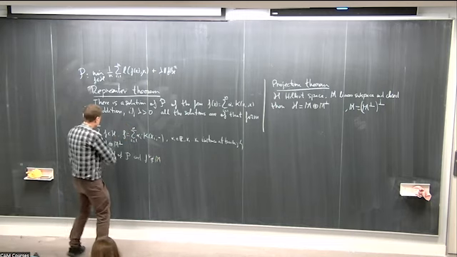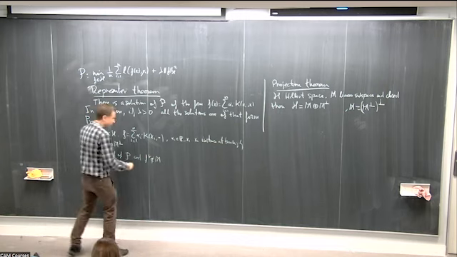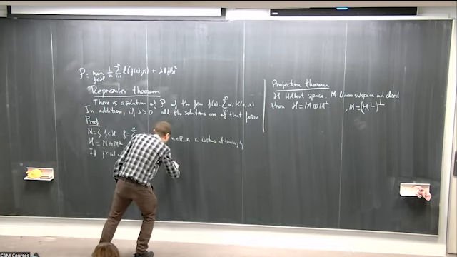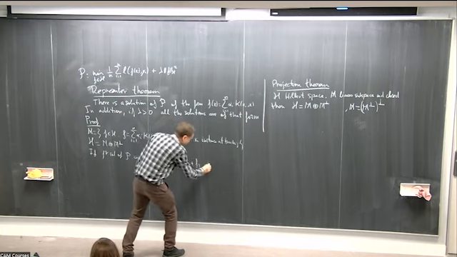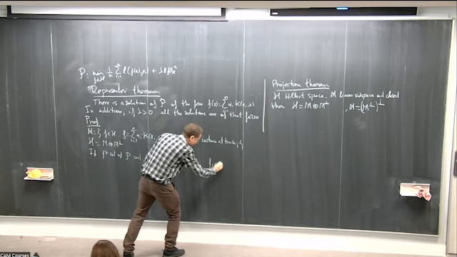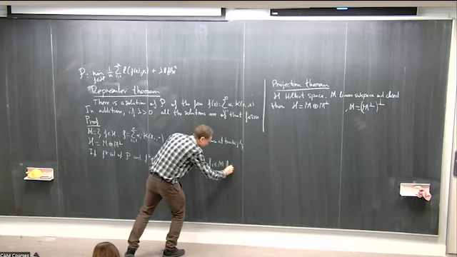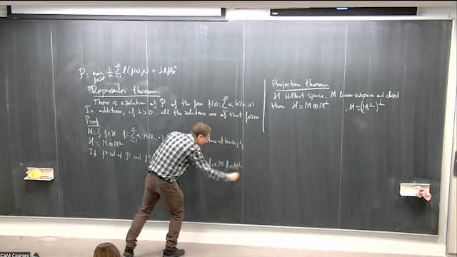Since M is a closed subspace, we can always write F star as F1 plus F2 with F1 in M and F2 in the orthogonal.